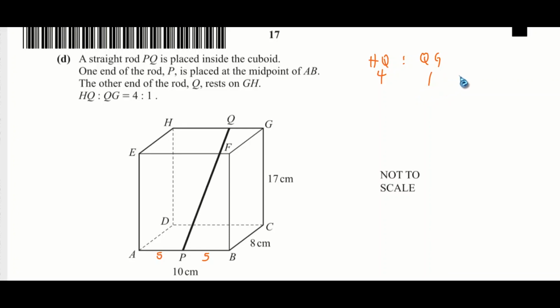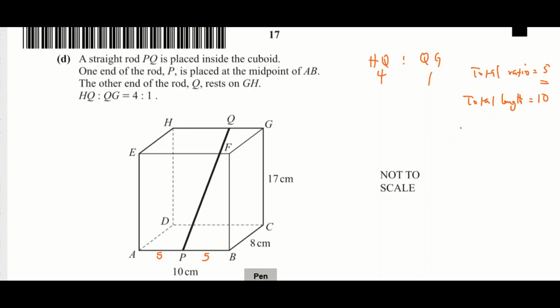So what is the total length? The total length is 10, and the total ratio equals 4 add 1, that is 5. So how many lots of 5 are there in 10?